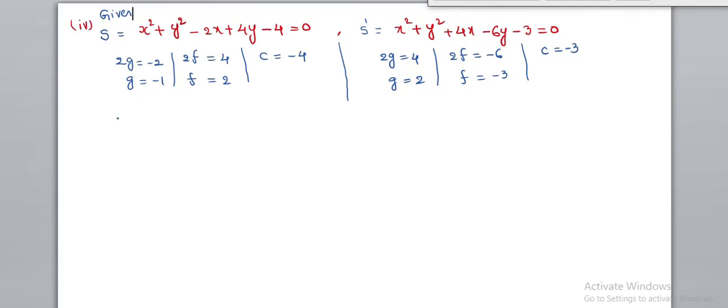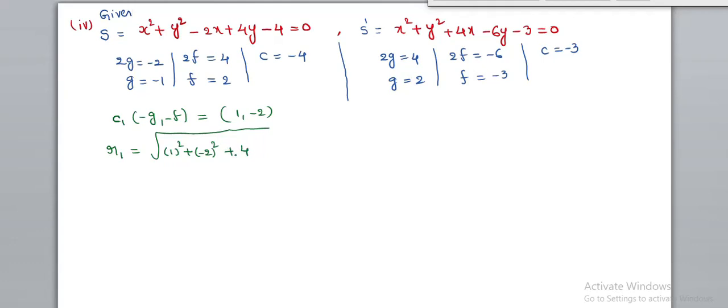So the first center C1 is equal to (minus g, minus f), that is (1, minus 2), and the radius r1 is equal to the square root of g square, 1 square, plus minus 2 whole square, minus c, minus into minus plus 4, so 1 plus 4 plus 4, that is root 9, that is 3. r1 value is 3.